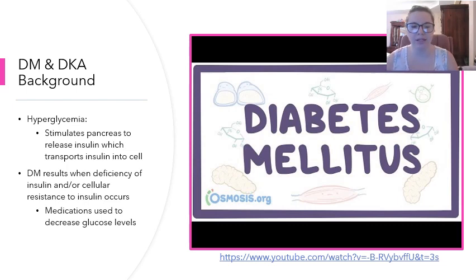But in diabetes, there's a deficiency in insulin and or cellular resistance to that insulin crossing into the cell. And so then we need medications to help either make it cross or giving insulin directly to them to decrease those glucose levels. So again, you can view this presentation that I found on diabetes and DKA on your own time. I recommend it.